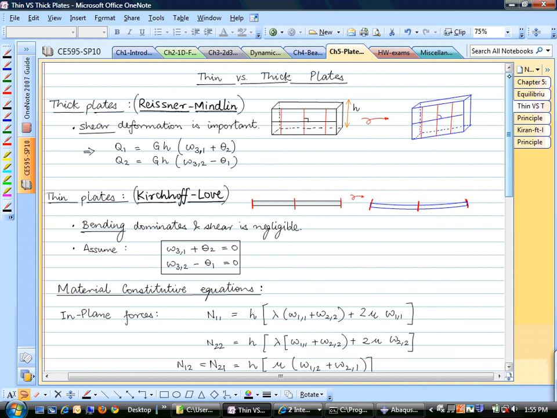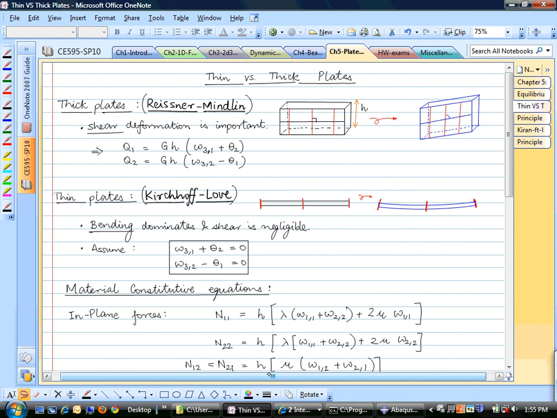Another important thing here for plates is the distinction between thin versus thick plates. So just like in the beams, we had a Timoshenko beam. Does Timoshenko beam allow shear? Okay, so Timoshenko beam allows shear, and Bernoulli-Euler beam assumes that the beam is rigid in shear. So a very similar, analogous thing happens here.